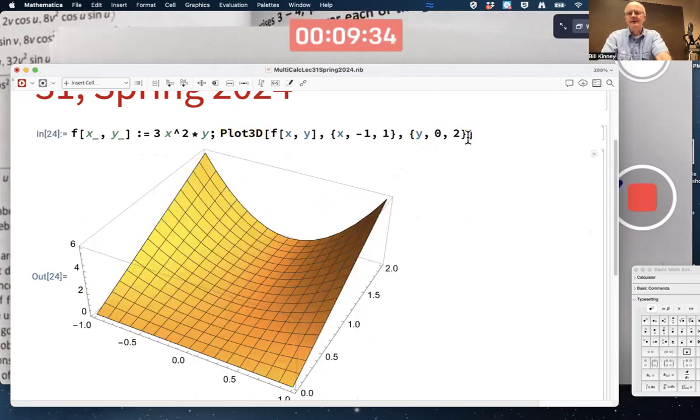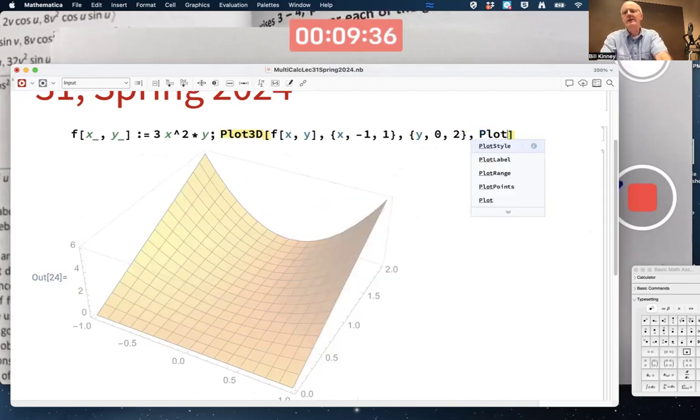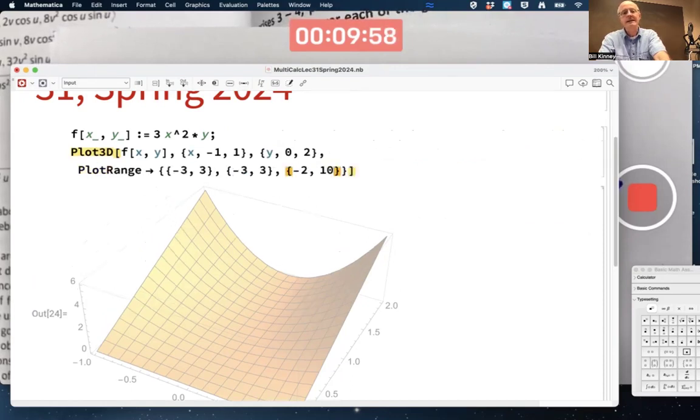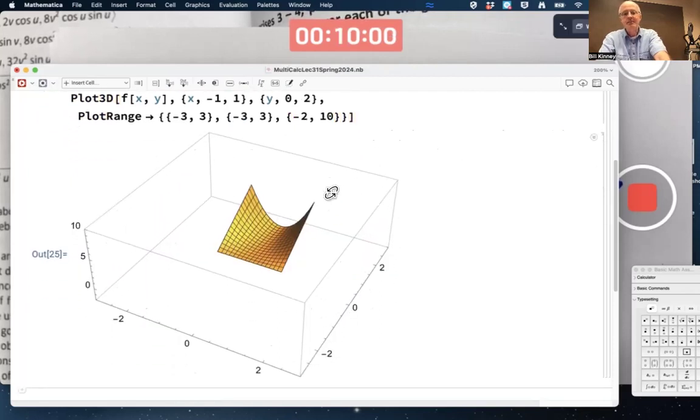It might be good for us to plot this over a bigger window so we see this as a piece of a bigger surface. If I put a plot range in here, -3 to 3 for X, -3 to 3 for Y, and how high does the graph go? It looks like it goes up to 6 or so. Let's say -2 to 10 for Z. We see it as a piece of some bigger unseen surface.